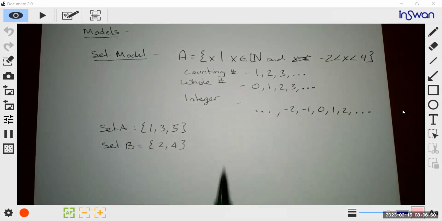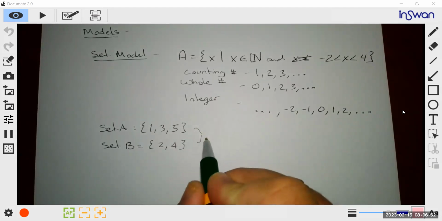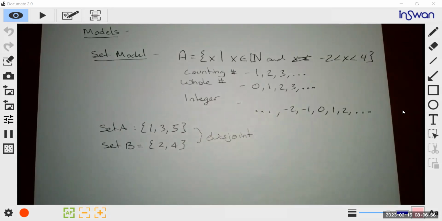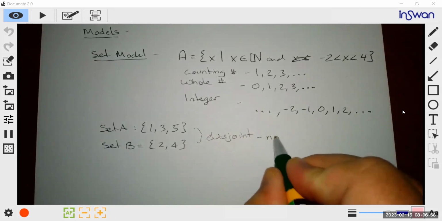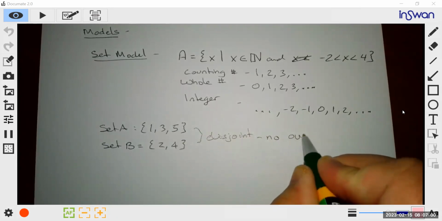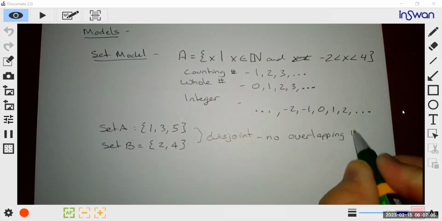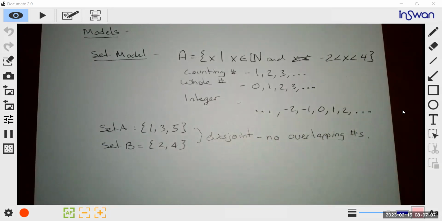Since they have nothing overlapping, these two sets are called disjoint. They have nothing in common.